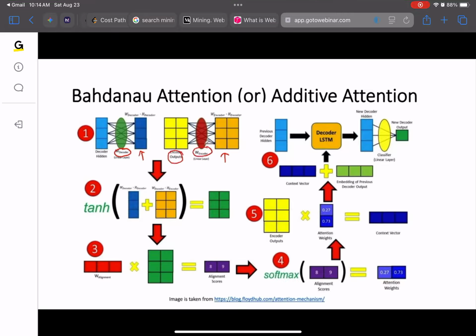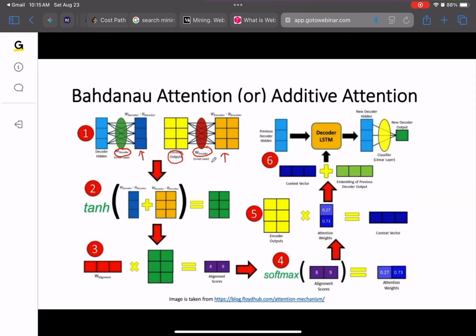This is another linear transformation. The first linear transformation was on the decoder hidden state, and this one is on the encoder hidden states. Once we do this transformation, we have a representation for the encoder output words in a different space. It's a linear transformation, so we are just transforming the space.